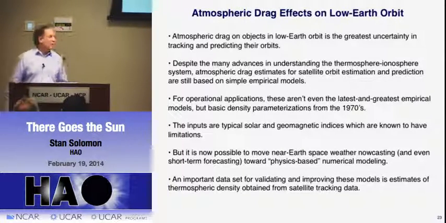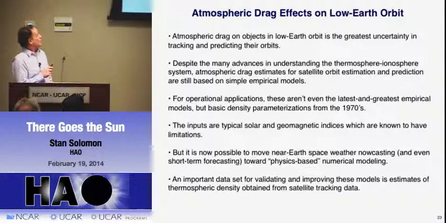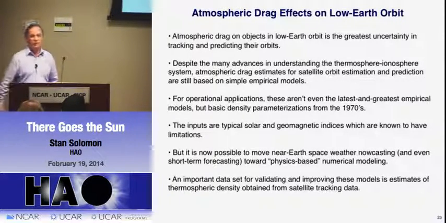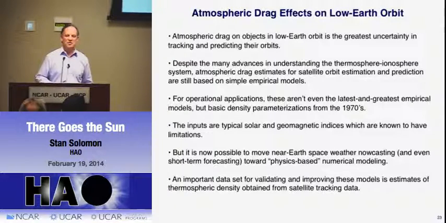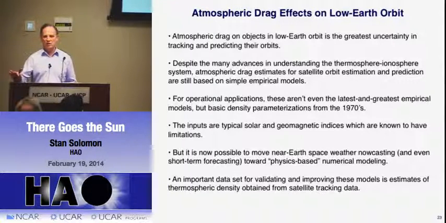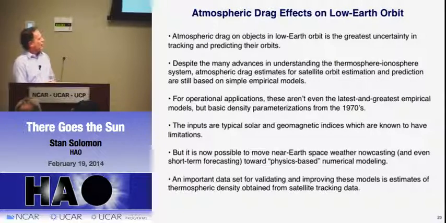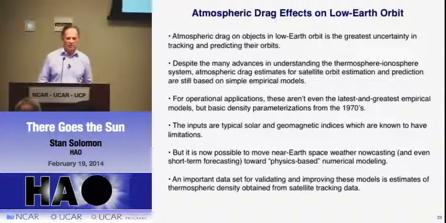And ironically, despite all the work we've put into it, the operational models that are used to track satellites are still the basic empirical models that were developed during the 1970s, not even the fancy empirical models such as MSIS that you might use in your research, but really old stuff like Jacchia 77. Now they've been making some improvements on these empirical models, but they're still using very, very coarse geomagnetic and solar activity indices as inputs, which we know have limitations.